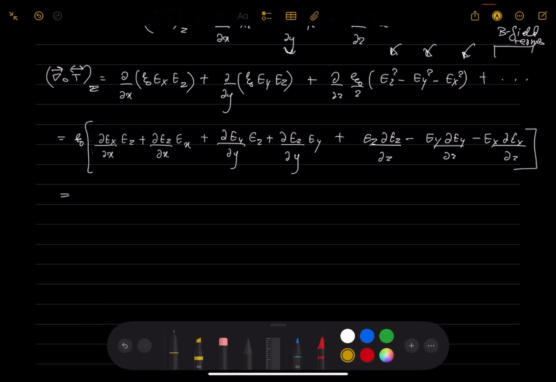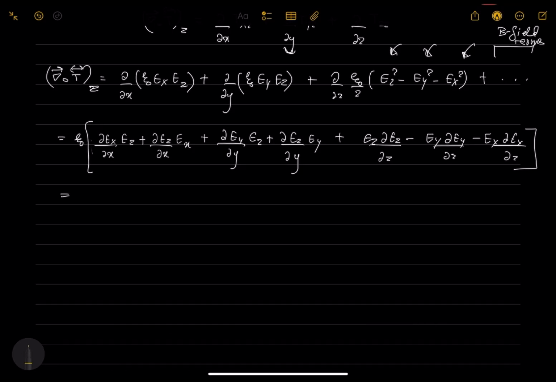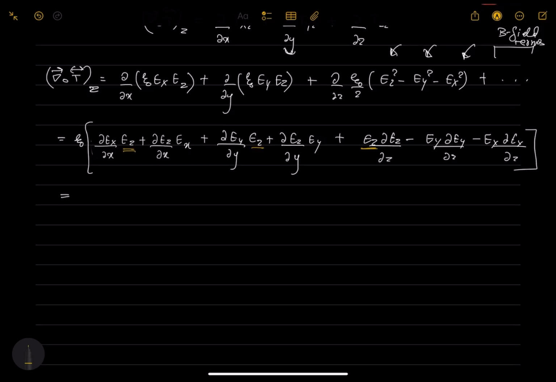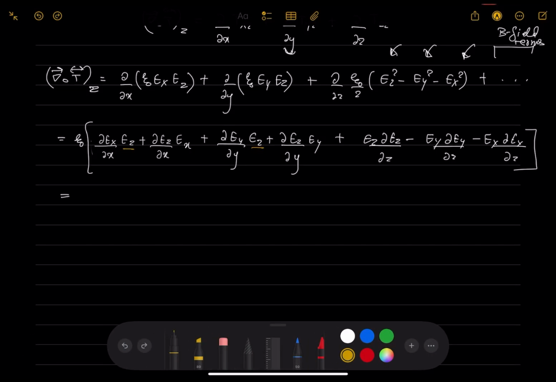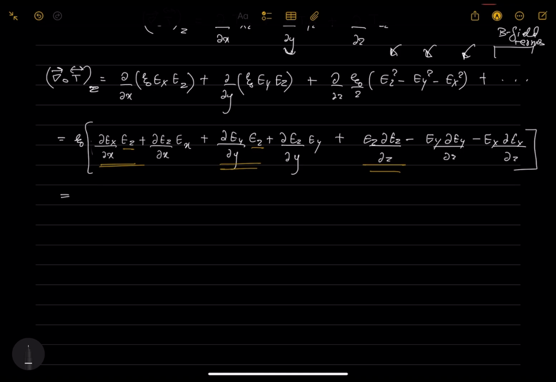Let's try to collect the terms with Ez in them, right? So I've got three terms thus far, and let me underline them in yellow actually. So I've got three terms with Ez in them. Let's try to factor that out because we're evaluating the z term.